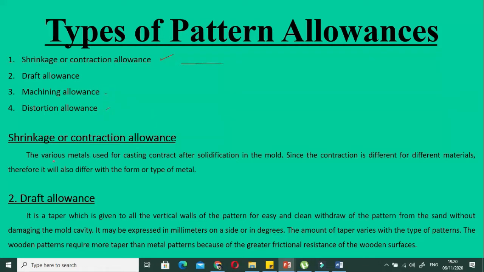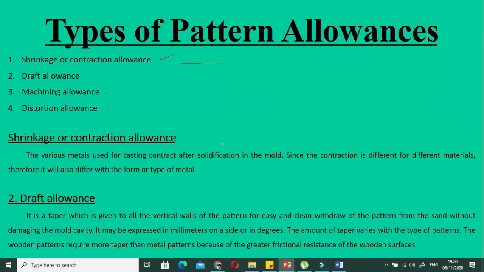Shrinkage allowance, as we have discussed before, means the various metals used for casting contract after solidification, and each metal has its own contraction coefficient, its own contraction rate. Since it is different for various metals, it will also differ with the type of metal.